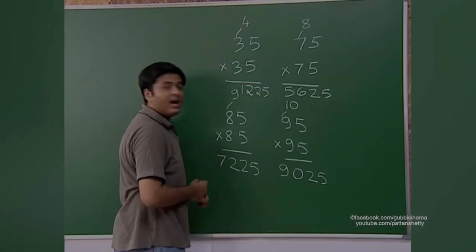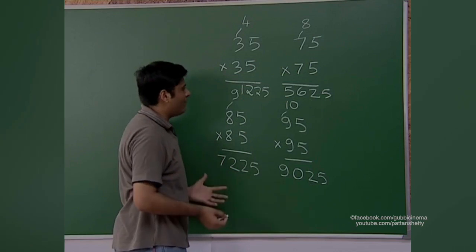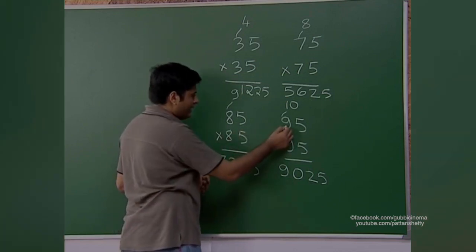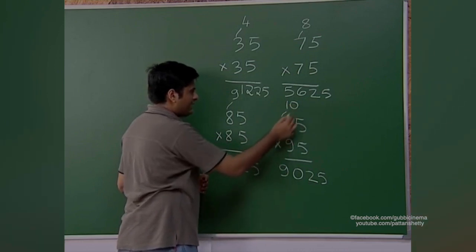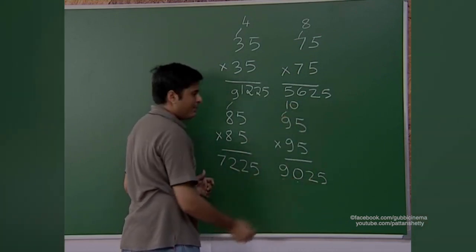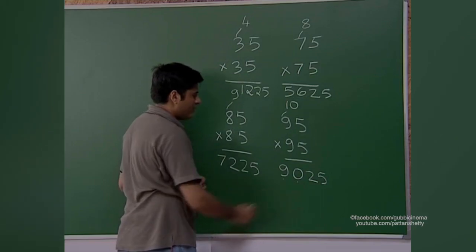So you can see how quickly we can square numbers that end with 5. Let me repeat, you multiply the number by the next number. So 9 times 10 is 90 and then always put 25 behind because 5 5s are 25. Thus we have got all our 4 answers. So your answer in this case will be 9025.